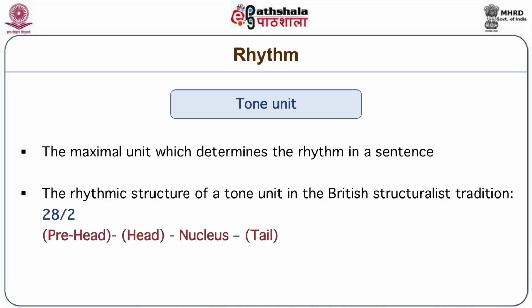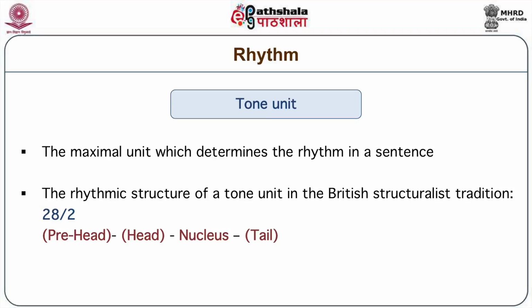We looked at the structure of a tone unit in the last module. Recall that a tone unit has essentially 4 components, 4 parts: the nucleus, the center, the obligatory element, and then we have the head, which is the stretch from the first stress to the nucleus, prehead, which precedes the first stress in the tone unit, and then tail, which follows the nucleus in the tone unit.